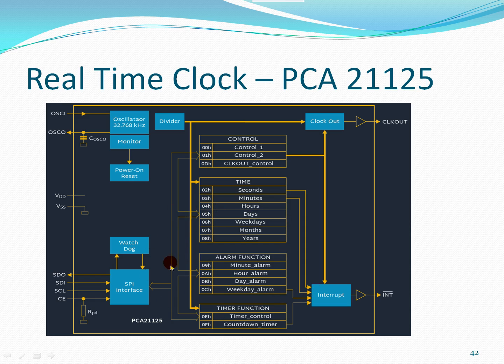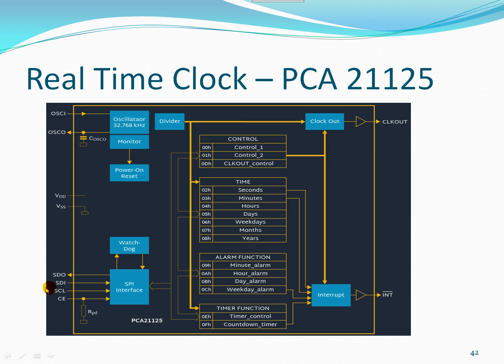This updating of the timing will be communicated to the SPI interface, that is the serial peripheral interface. This serial peripheral interface will give the data output, and data input can also be received from the microprocessor which is connected through its serial communication module.